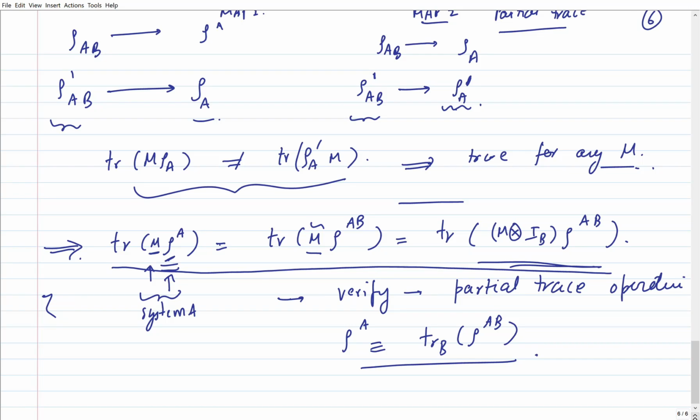So there exists some states over which the reduction to a single system was different, and partial trace was already satisfying the measurement statistics on one of the subsystems. My other map won't. So partial trace is a unique operation.